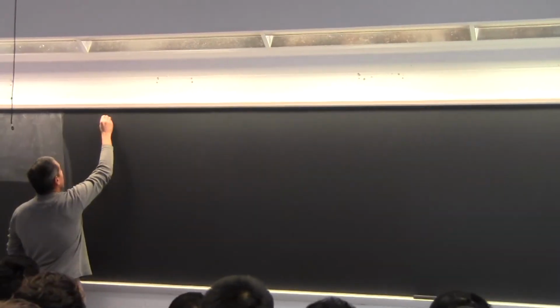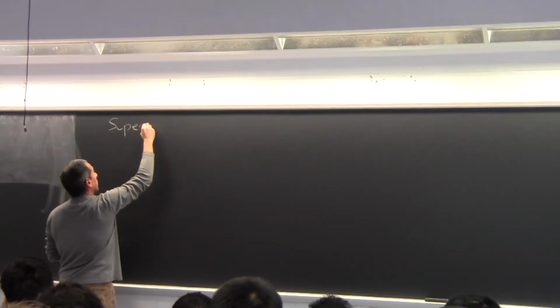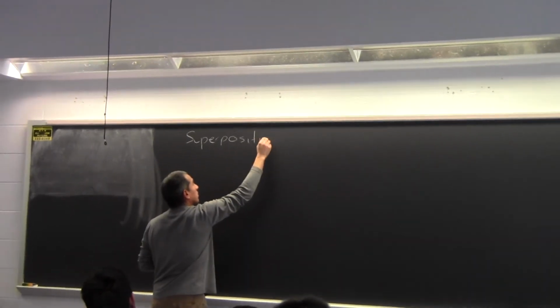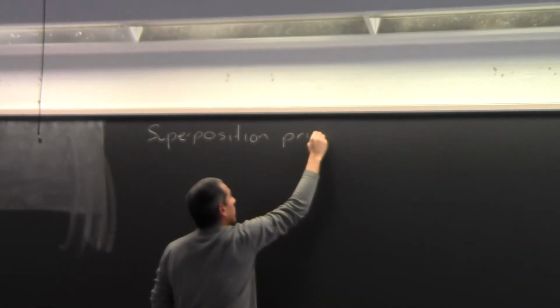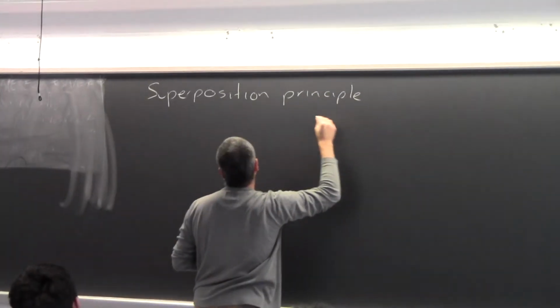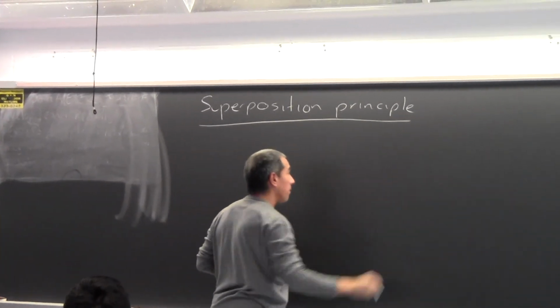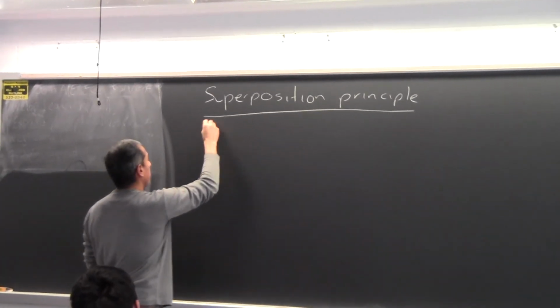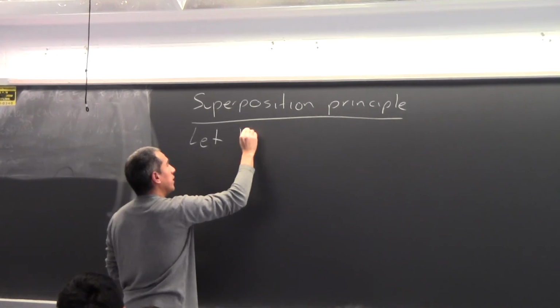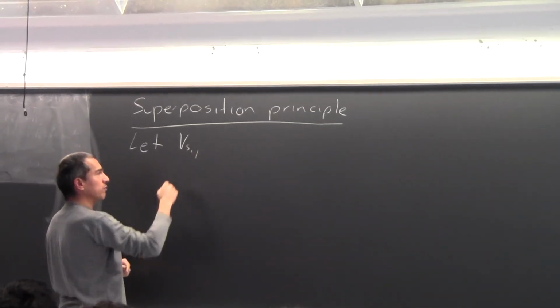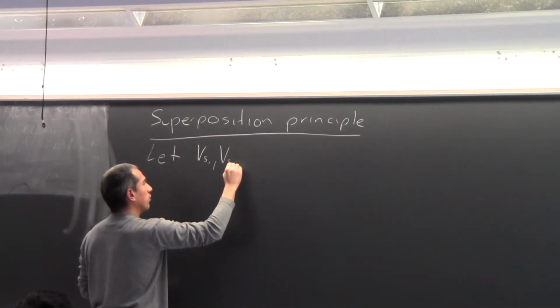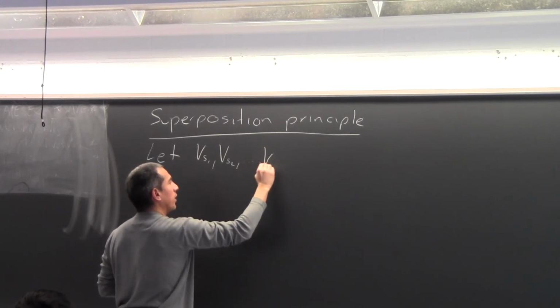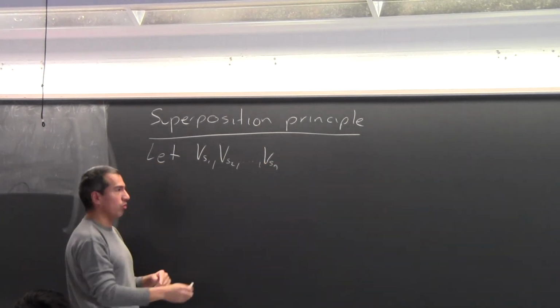So the superposition principle says: let V1 be the first voltage source, then the second voltage source, and all the way to Vn, so we have n voltage sources.